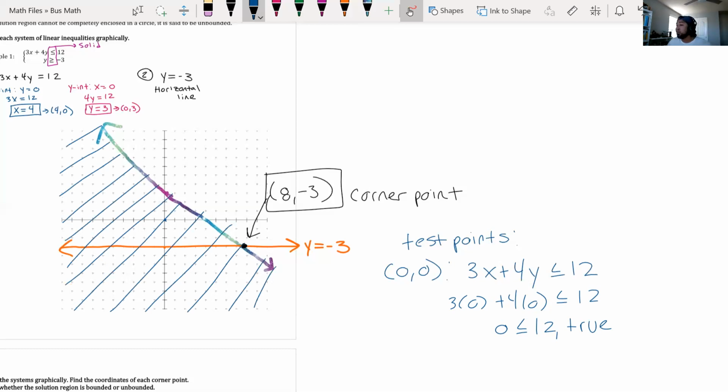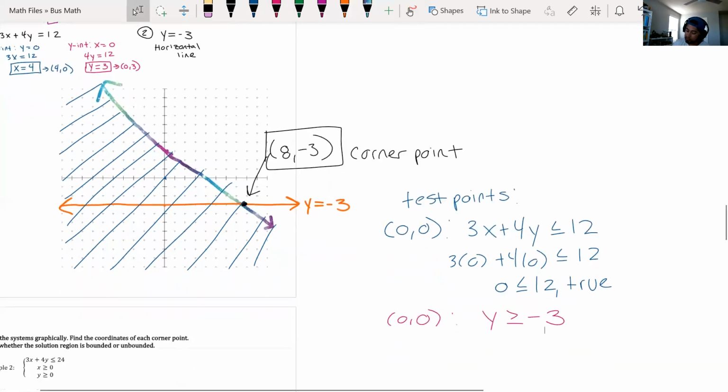Okay, but then we still need to put (0, 0) into the second equation. So (0, 0) plugged into y greater than or equal to -3. You plug in 0 for y, and you get 0 greater than or equal to -3.